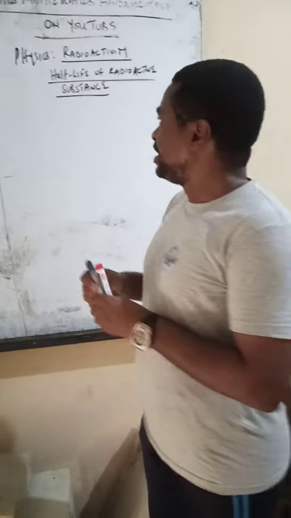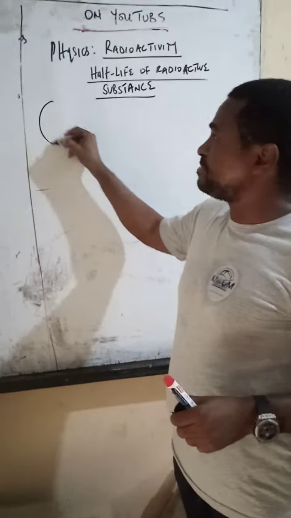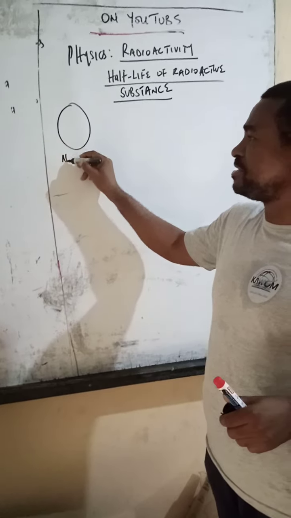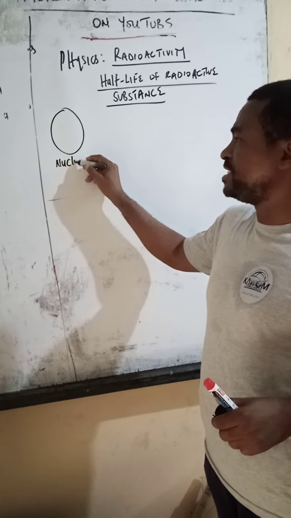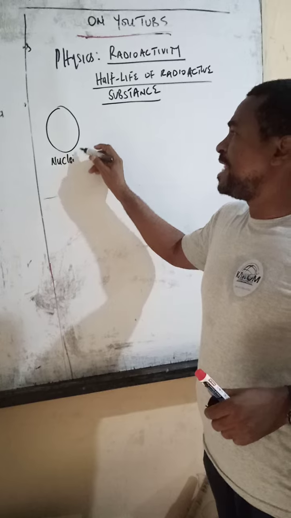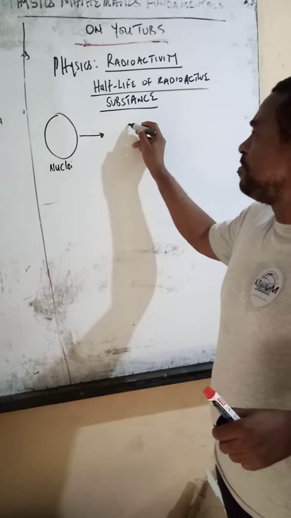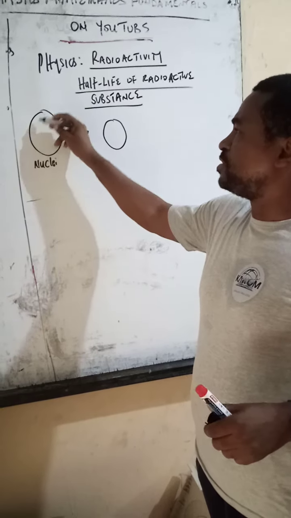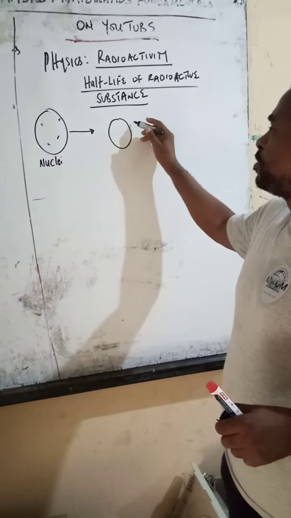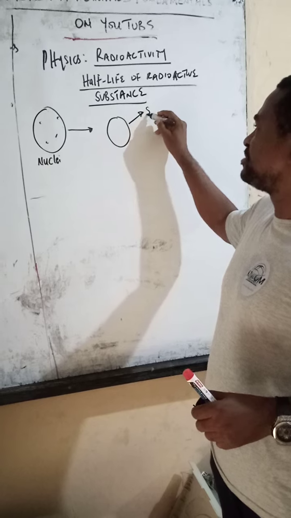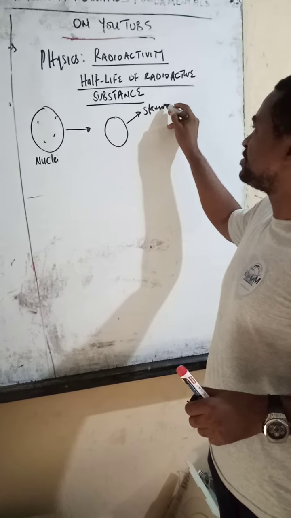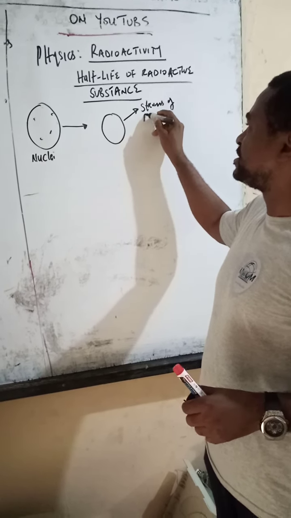Like for instance, let me say this particular diagram represents a radioactive nucleus. Now, when this particular substance disintegrates, the total number of the constituents will reduce with the emission of a stream of particles.